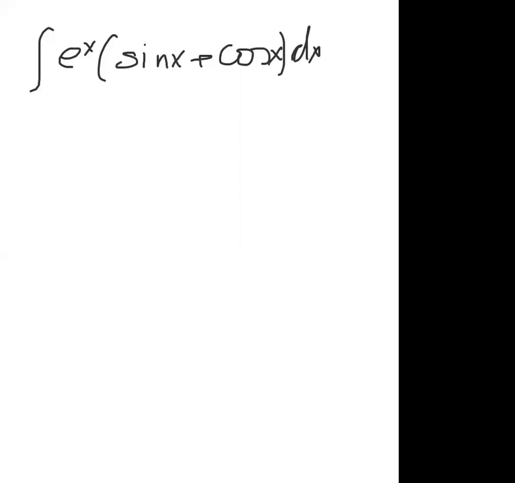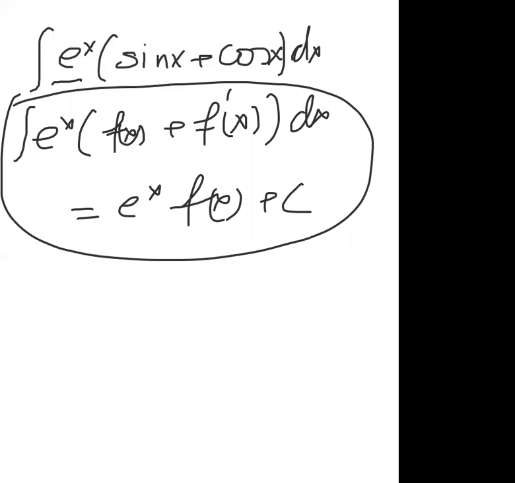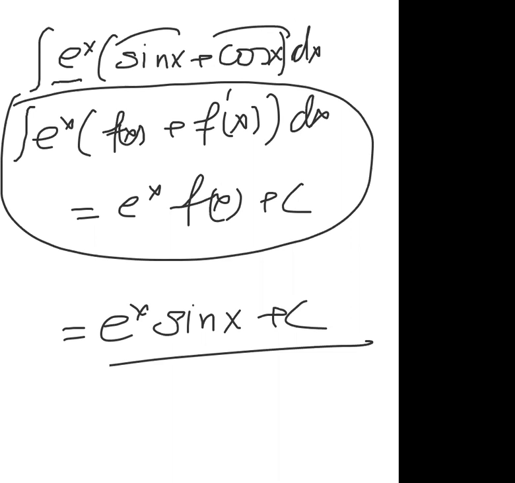Now see, integral e to the power x, f x plus f dash x, dx will be e to the power x f x plus c. This is the identity. So implementing it here, this will be f x, this will be f dash x. So the answer is e to the power x sin x plus c. e to the power x sin x plus c will be the answer.